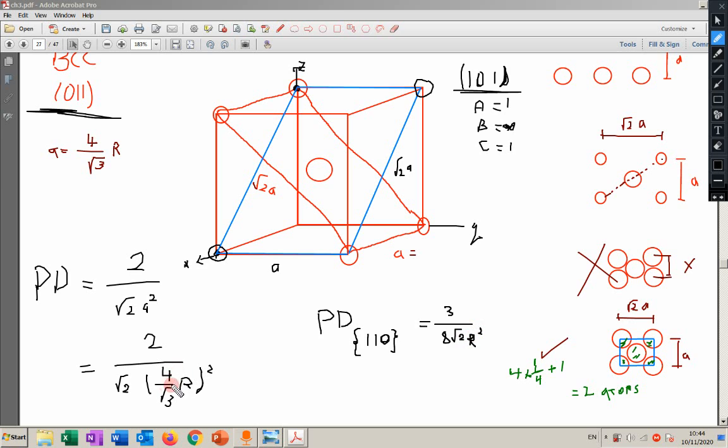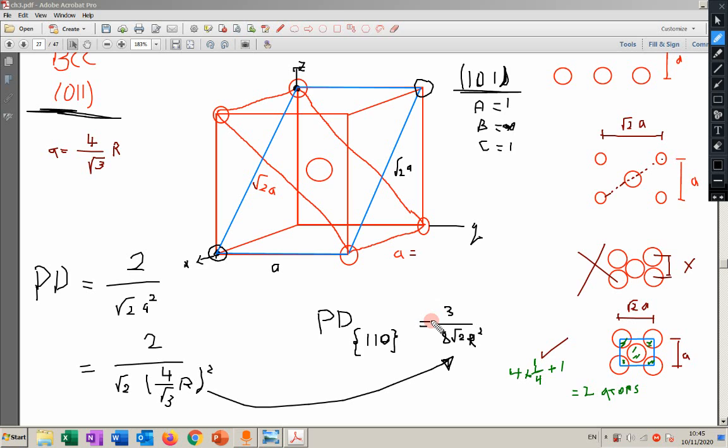If you rearrange this one, 16 goes here, that's going to be 3, so 1 over 8, and the 3 goes up: 3 over 8 root 2 r squared. Double check it to be sure, but you can just rewrite this. The planar density for the family of planes 110 means that any combination, with 110 minus also included, will give you the same planar density. That's why we call them family of planes.